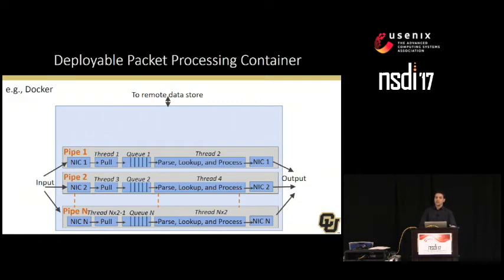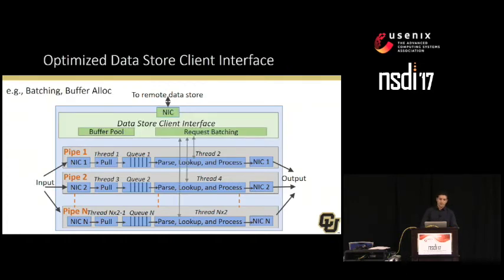This allows us to rapidly scale both within a single server to more cores and between servers. And finally, we optimize the data store client interface to capitalize on knowledge of the domain. Specifically, we have integrated a smart batching mechanism to reduce the requests and capitalize on multi-read operations. We also utilize a buffer pool to eliminate overhead and enable a really high rate of sending requests. There are certainly more optimizations we can make.